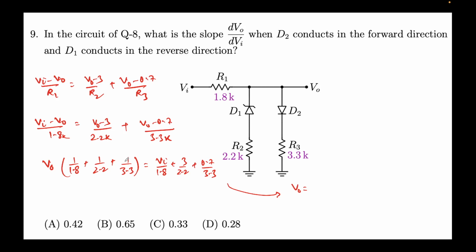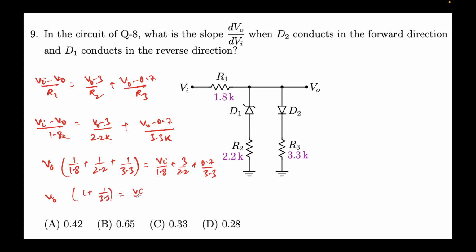So now that 1 is in parallel with 3.3, so that will be 1 by 3.3.